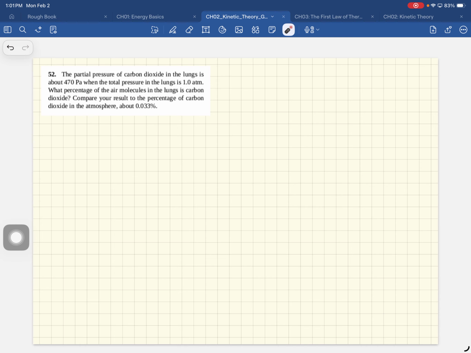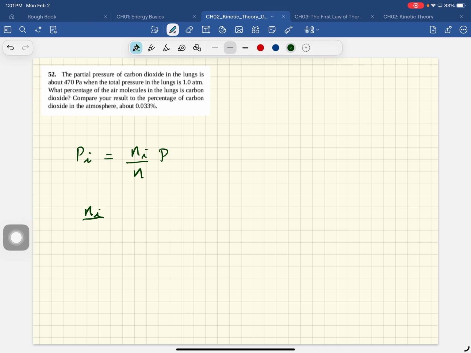And the reason I wrote it like that is now if you multiply by 100, you get 0.47% is the fraction of carbon dioxide molecules. So for every 100 molecules, 0.47 molecules are carbon dioxide molecules. So for every 200 molecules in your lungs, 1 molecule is carbon dioxide. Okay, so that's what that means.